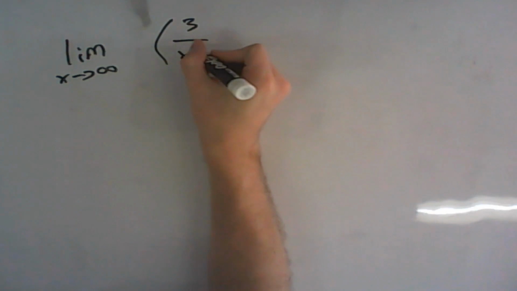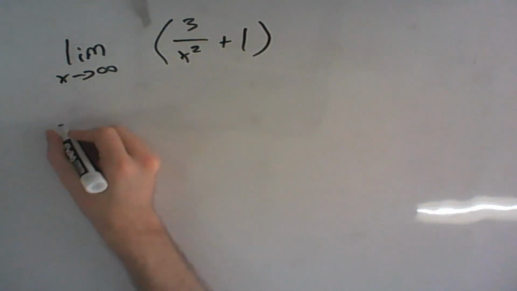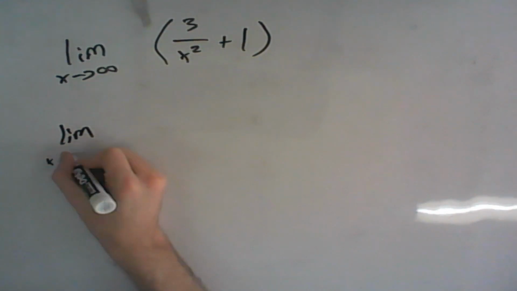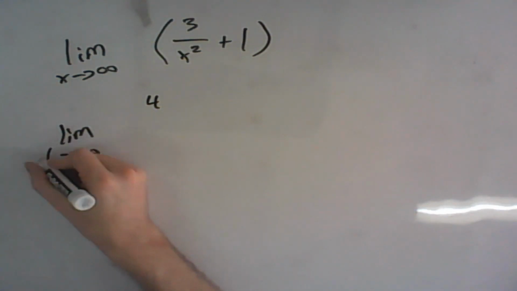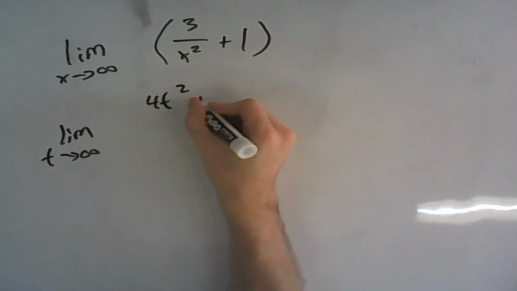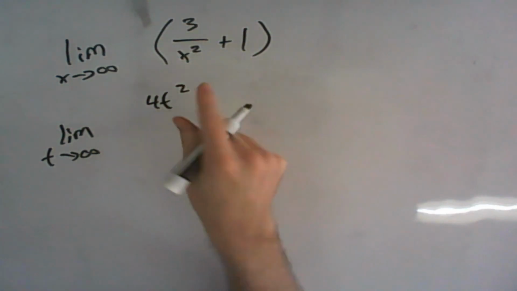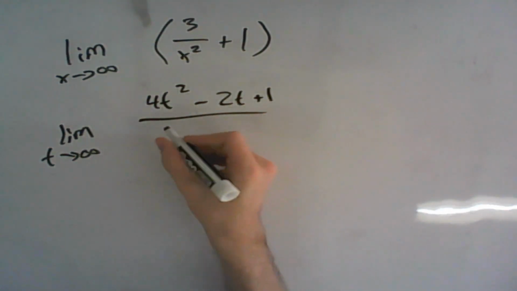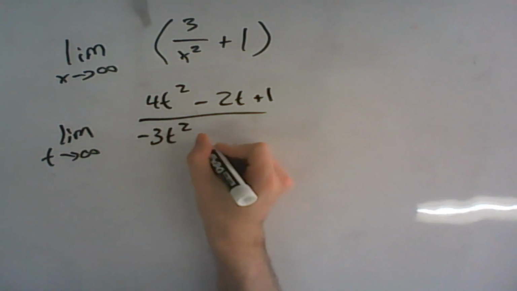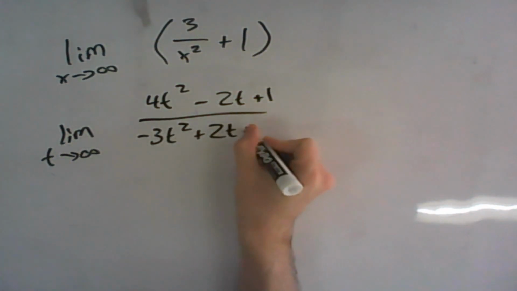So our first question is going to be the limit as x approaches infinity of 3 over x squared plus 1, and then the limit as t approaches infinity of 4t squared minus 2t plus 1 over negative 3t squared plus 2t plus 2.